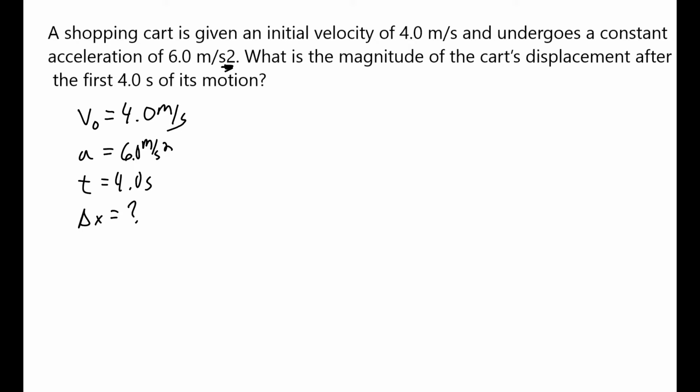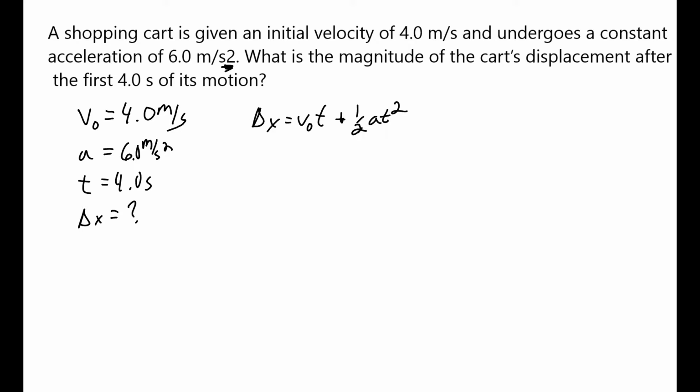Alright, do we have an equation that has all 4 of those things in it? Equation 2. And what's that equation, Garrett? Delta x equals the initial velocity times t, plus 1/2 times a times t squared. Yep, so delta x equals vo t plus 1/2 a t squared.